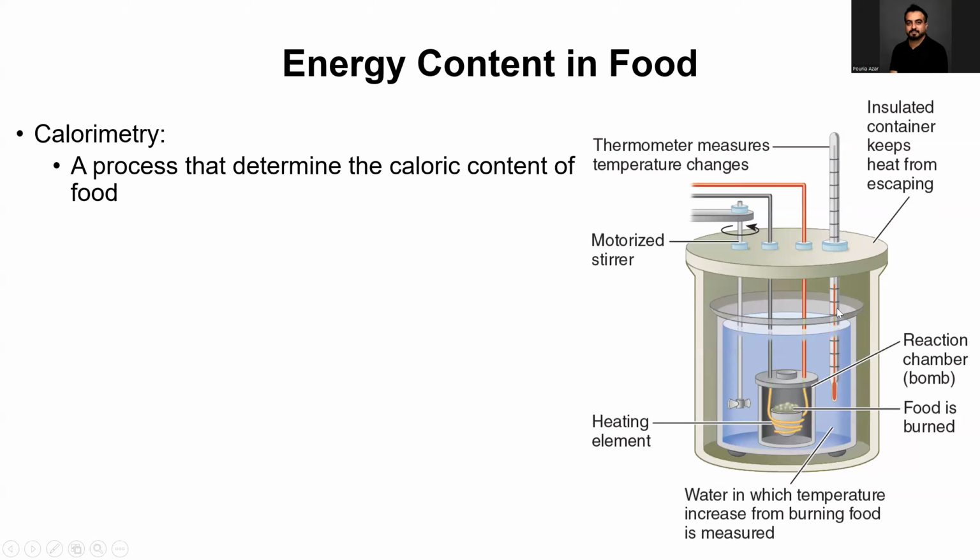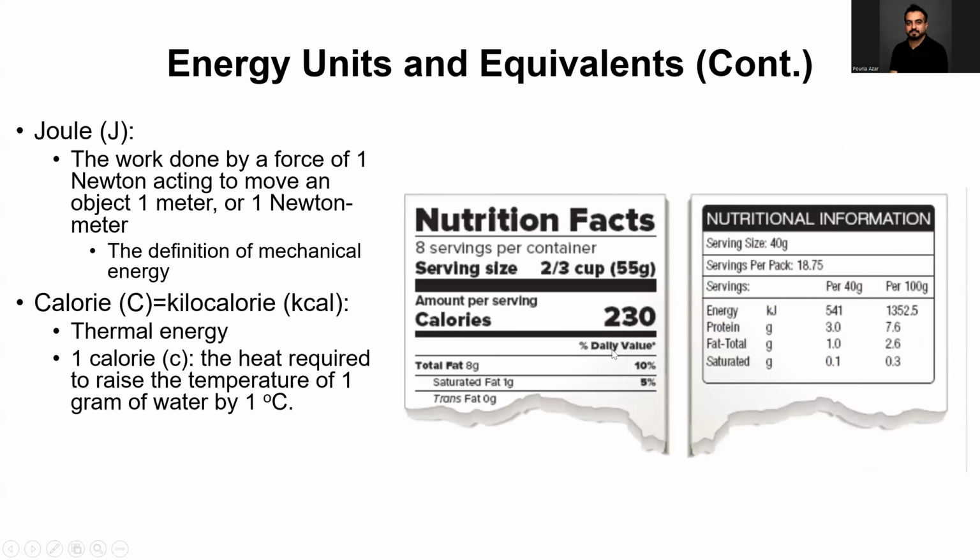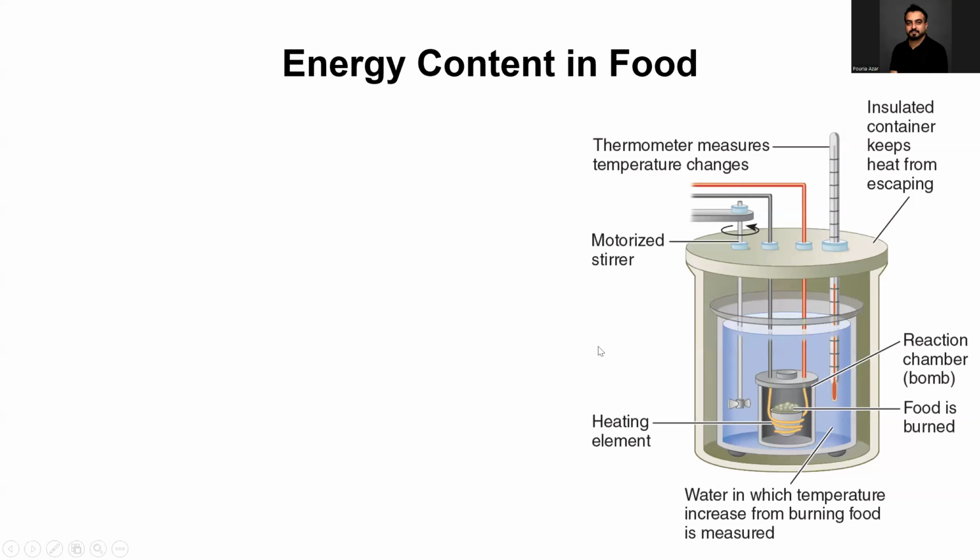So by measuring the temperature of this water before and after burning the food, they measure the caloric content of that specific food item. That's why they get to this number on the nutrition facts label.